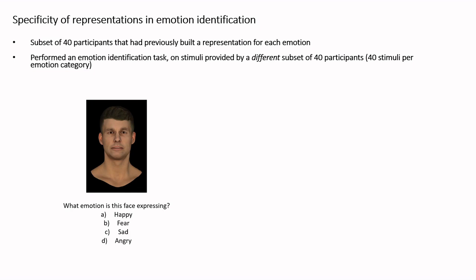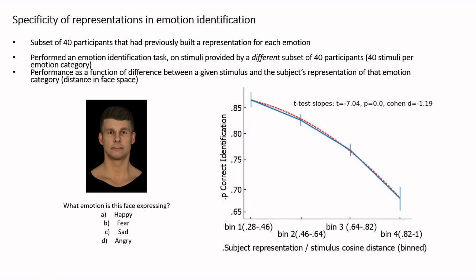On every trial, they were presented with one face stimulus and asked to determine which of the 4 emotions the stimulus was expressing. We found that identification performance significantly varied as a function of the distance in face space between any given stimulus and the subject's own representation of that emotion type. In other words, the less a stimulus aligns with the subject's representation for that emotion, the poorer the subject's ability at correctly identifying the emotion category.